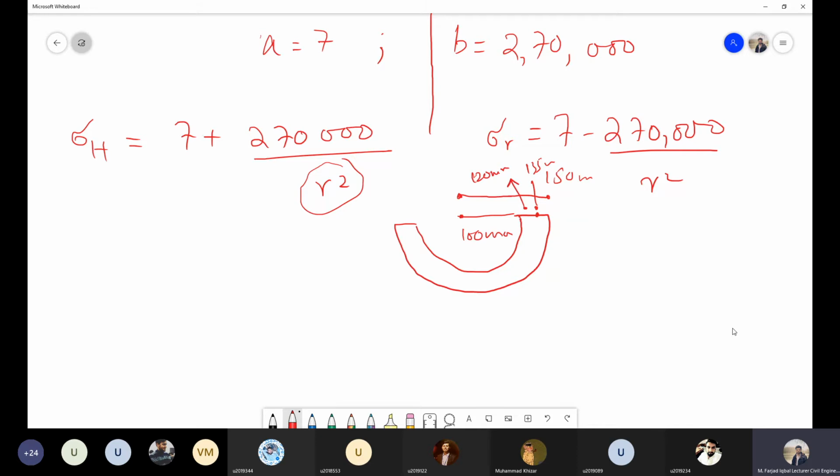in thickness. So if I calculate the hoop stress in this case, let's say first I will calculate at a radius of 100 mm. So at r equal to 100 mm, give me the value of hoop stress and radial stress.